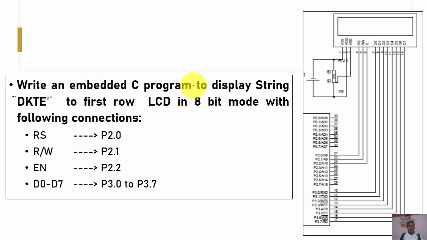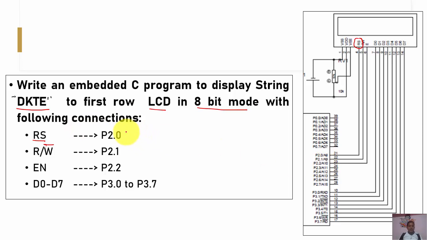Let us discuss a simple example. Write an embedded C program to display the string DKTE in the first row of the LCD in 8-bit mode with these connections. The RS pin of the 8051 microcontroller is connected to P2.0, R/W is connected to P2.1, and EN is connected to P2.2.